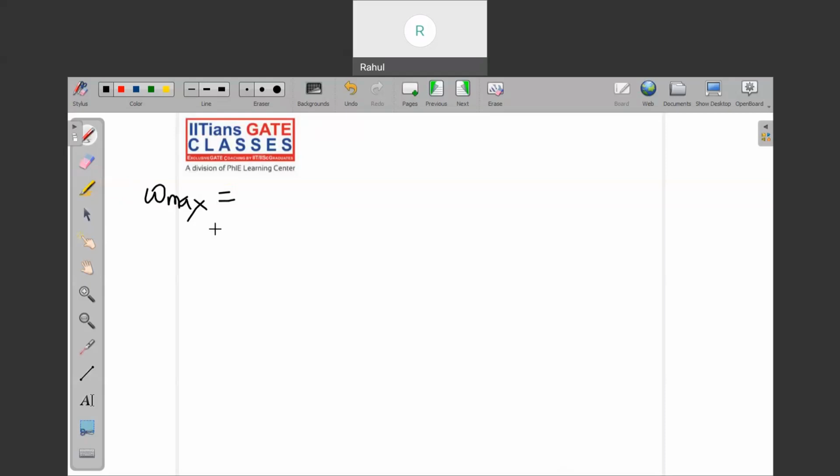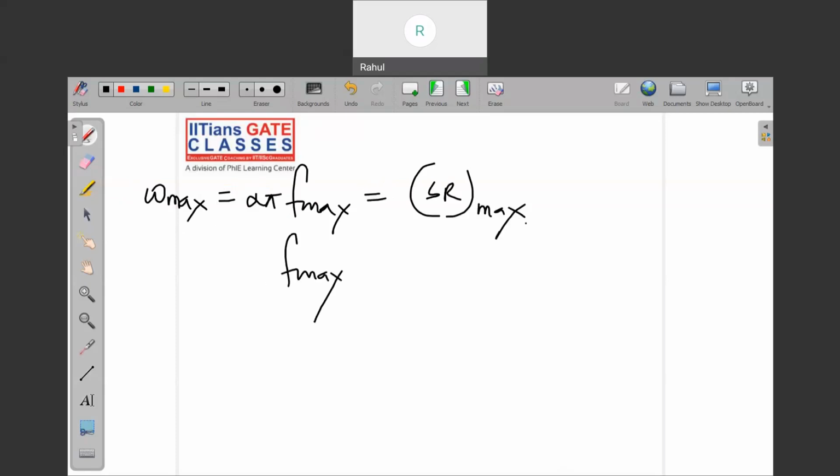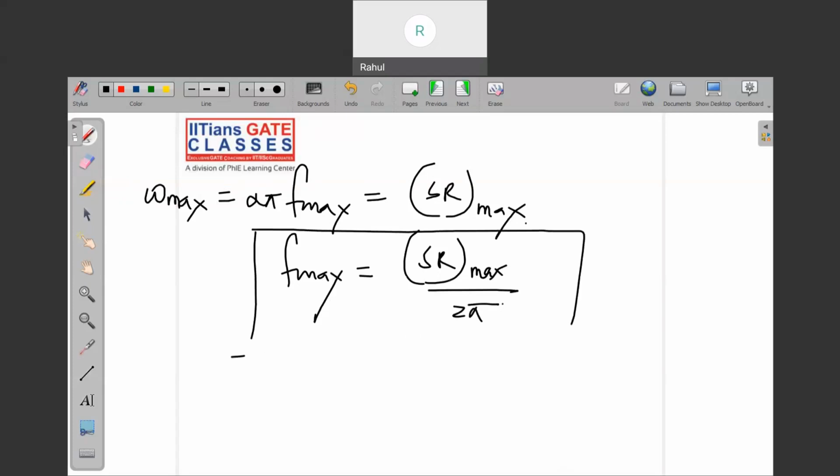So omega max can be written as 2 pi f max, which is equal to SR max. So from here you can compute f max as the slew rate maximum upon 2 pi. This is an important formula which you have to keep in mind for the HAL examination, right?